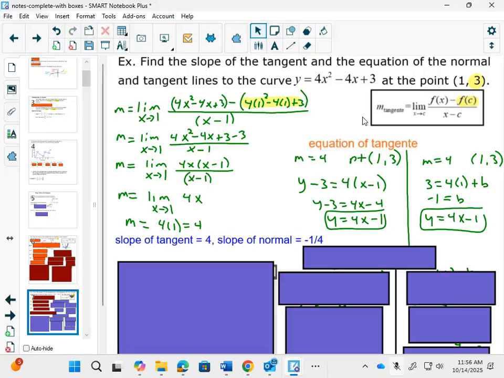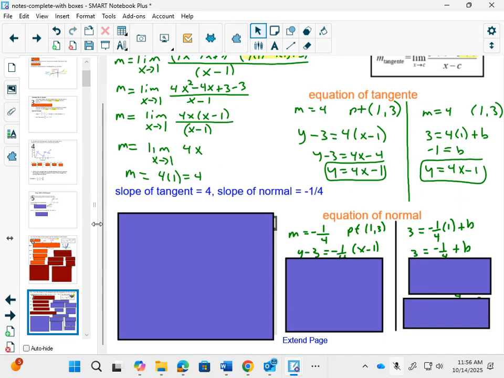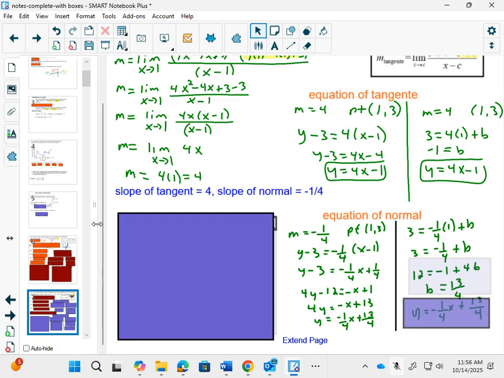If you want to find the equation of your normal line, same thing, you have the same point, but now you have a new slope which is negative 1 over 4. And again, I have both ways here. You can choose which equation you would like to use. They both have their advantages and their disadvantages.